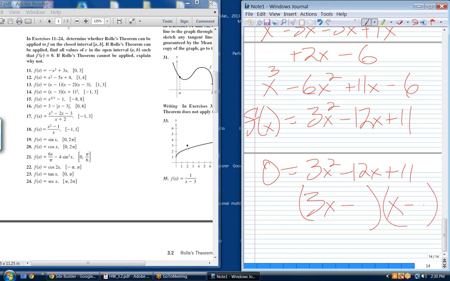Signs have to be minus, minus, and the only thing that could possibly work is 11 and 1, and it doesn't work. Am I missing anything there? I don't think this factors. Okay, so what do we have to do to solve for it?